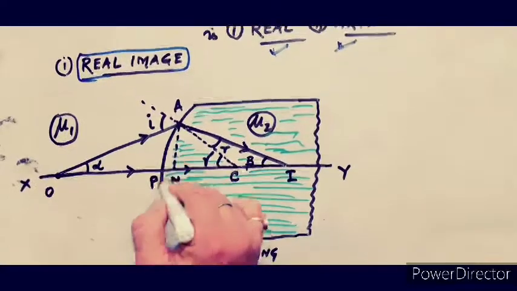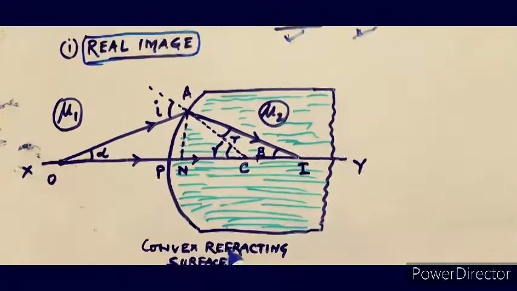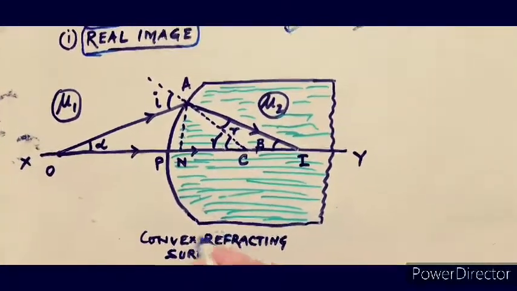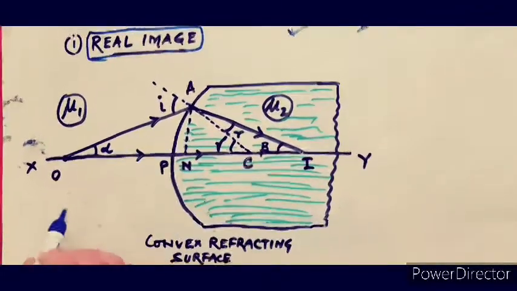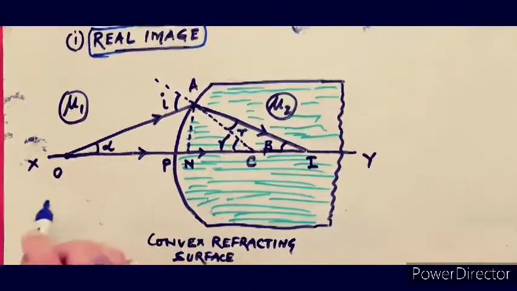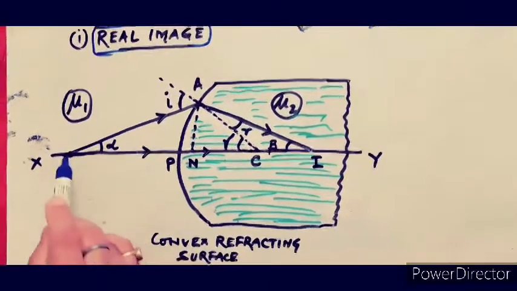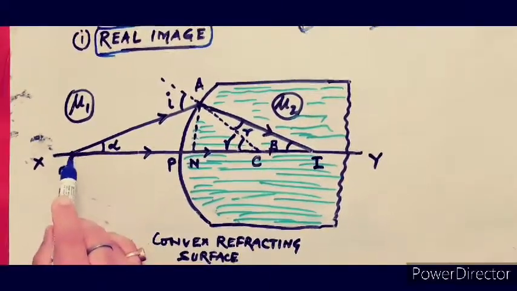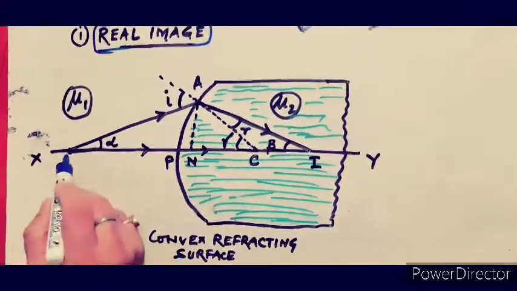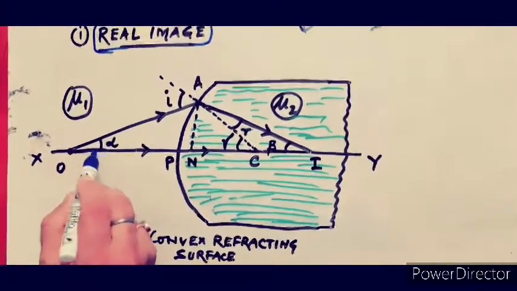Just see the diagram first. Here I have taken a convex spherical refracting surface. According to the assumption, we have taken the point object on the principal axis. Here the principal axis is XY. On the principal axis, a small angle is subtended by the object.